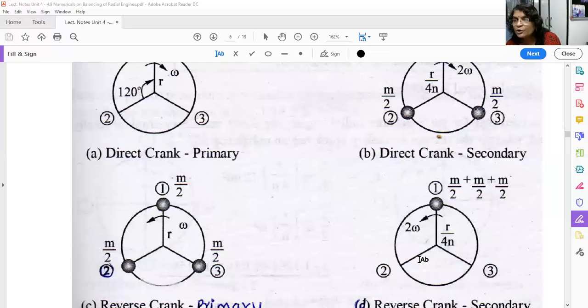So the line of stroke of cylinder number 2, you have to rotate by 240 degrees in the opposite direction of omega. It will also come here. So this is m by 2 for cylinder number 2. And then cylinder number 3, you have to rotate in the opposite direction, that means anti-clockwise, by 120 degrees. So it will also come here. So all three masses are again gathered together at position number 1 of the crank.